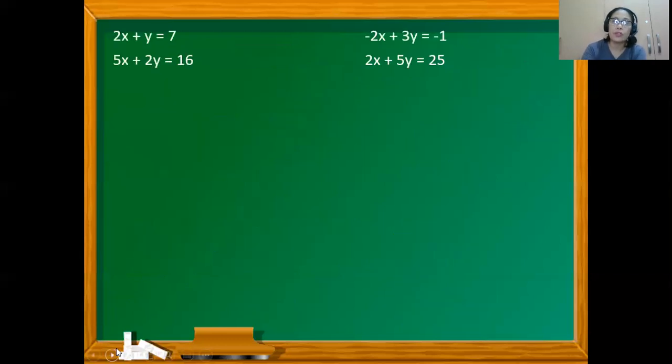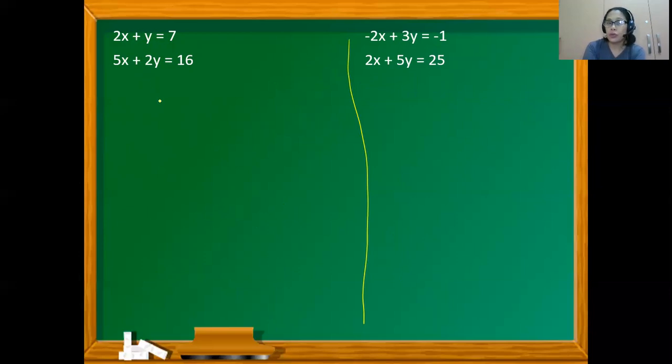So, more examples using the elimination method. So here, in either of the variables, class, there are no equal coefficients as well as additive inverses of each other.